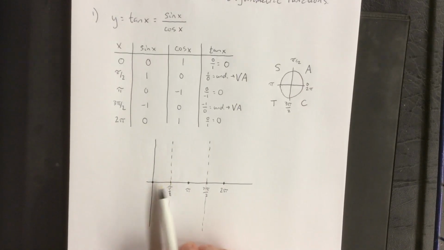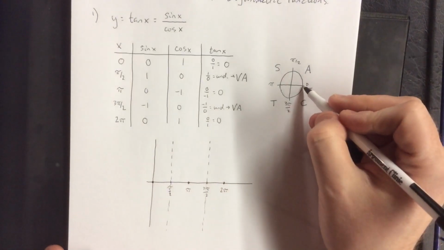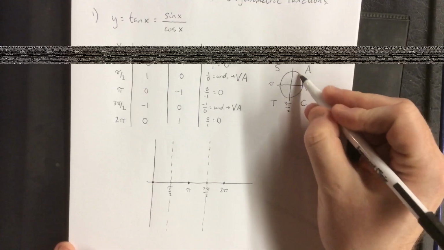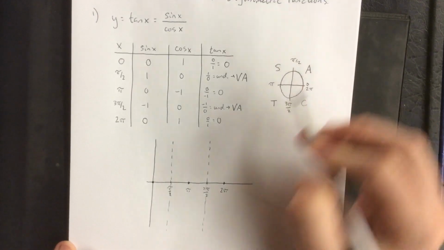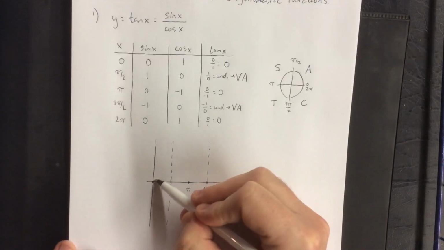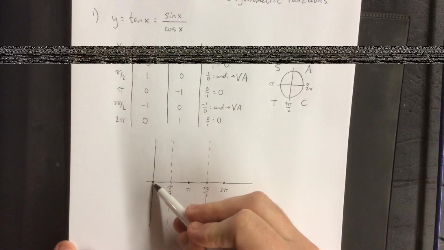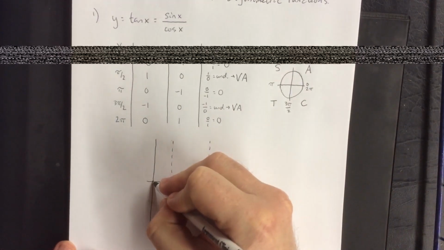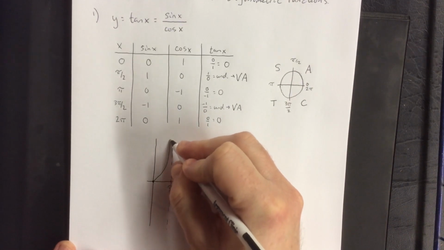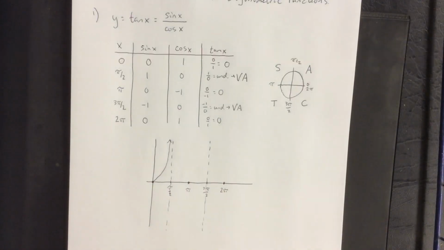On this interval from 0 to pi over 2, we would be talking about this portion of the unit circle, all of the angles that are in quadrant 1. So the question becomes, should the tangent be positive through there, or should it be negative? And the answer is, through quadrant 1, all of our angles are positive. Therefore, this should rise toward that vertical asymptote.